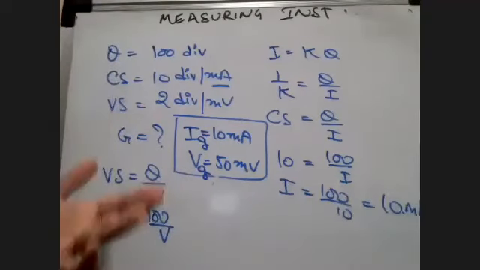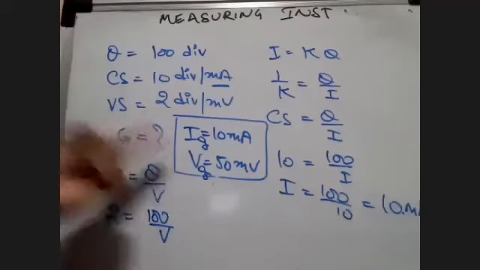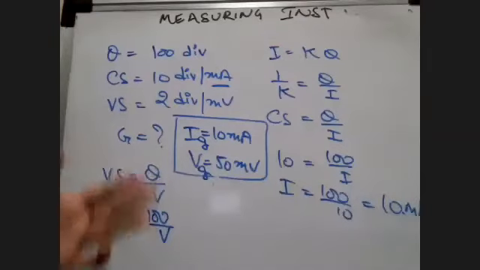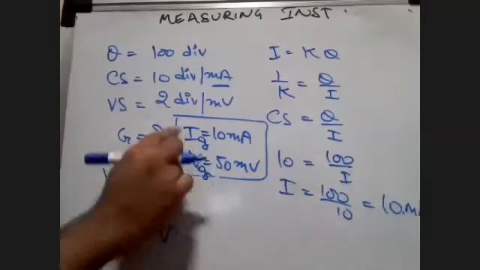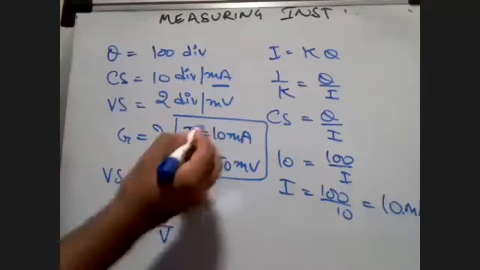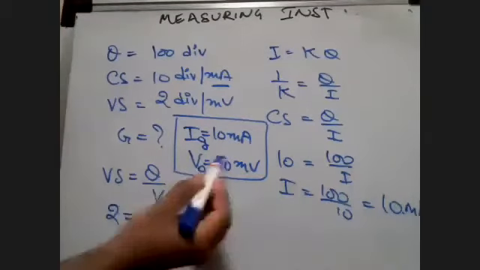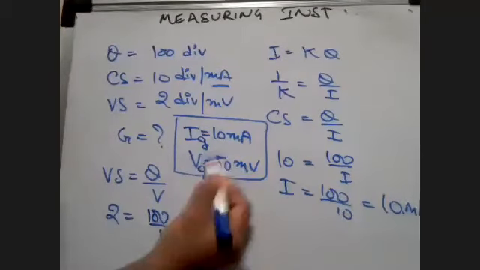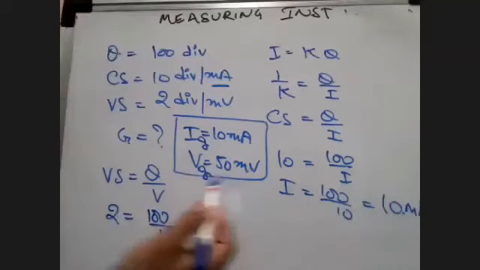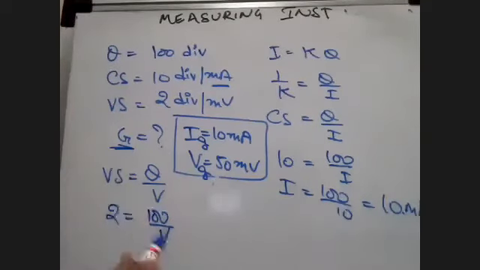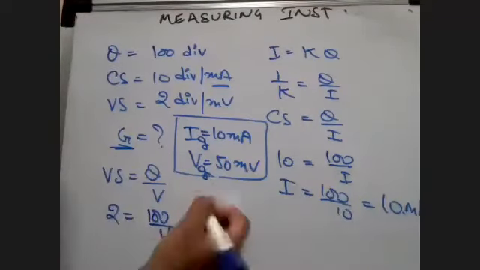If there's some other voltage, denote the terms as they are. So we know current passing through the galvanometer is 10 milliamperes. Voltage across the galvanometer is 50 millivolts. What is going to be the resistance across it then?